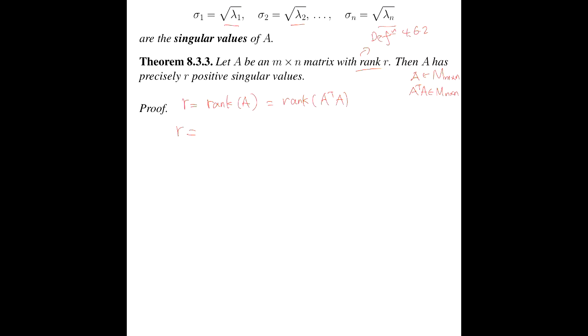So the rank of A transpose A is equal to R, which means R is equal to n minus the dimension of the null space of it. That's basically the definition of rank. The rank of a square matrix is just n minus the dimension of the null space of that matrix.